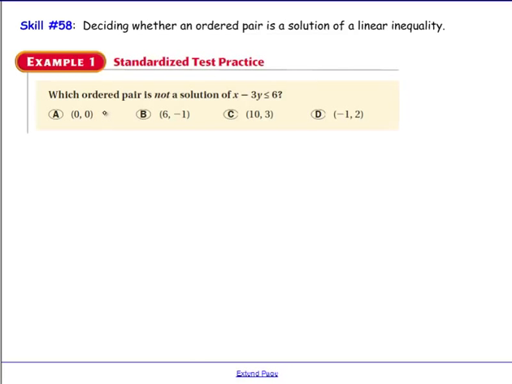Okay, so here's our first example. It's kind of similar to what we started with. It's asking us which ordered pair is not a solution. So if it's not a solution, it should make this false. So it's a multiple choice question, so we're just going to go through one by one and check if it works or not. So for A, I'm going to replace x with 0 and y with 0.